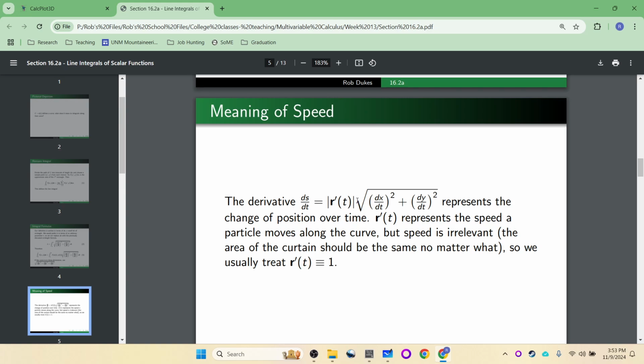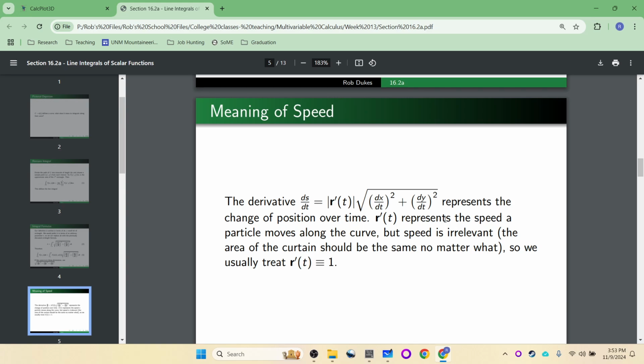Actually, I'm not sure if that's right, because velocity is a vector. But when we write the absolute value of r prime of t, we're separating out the speed. Speed is the absolute value of velocity. So as usual, we want to factor out those arbitrary ideas like speed.